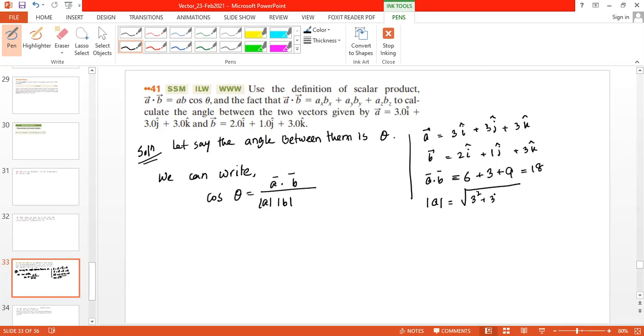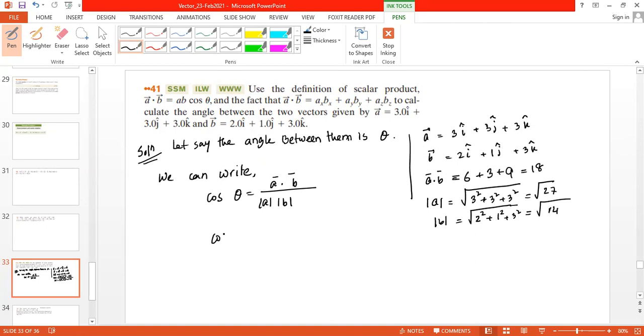So that is square root of 27, right? 9 plus 9 plus 9, 27. And magnitude of vector B is square root of 2 square plus 1 square plus 3 square, so this is 4 plus 1 plus 9, 14.